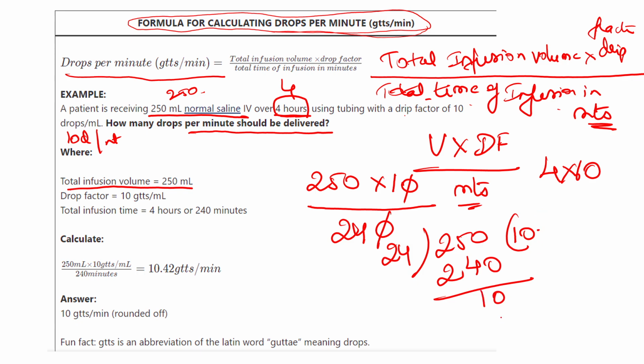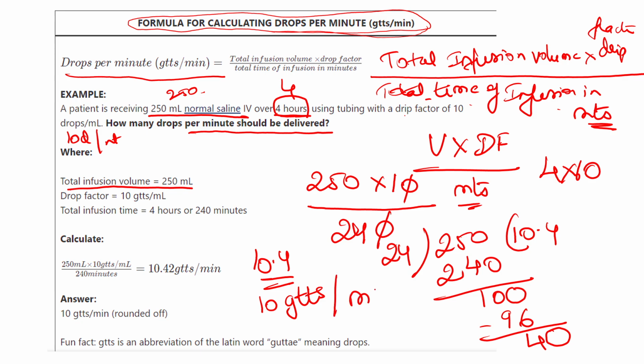Then put a point here, and we can make it 100. 24 fours are 96. 100 minus 96 gives 4. Since we already have the point, we make it 40. So the value will be 10.4, or as a round figure, 10 GTT per minute.